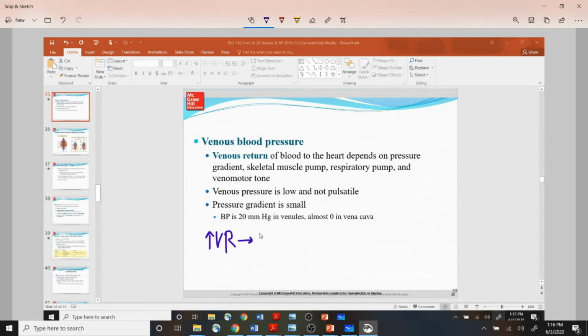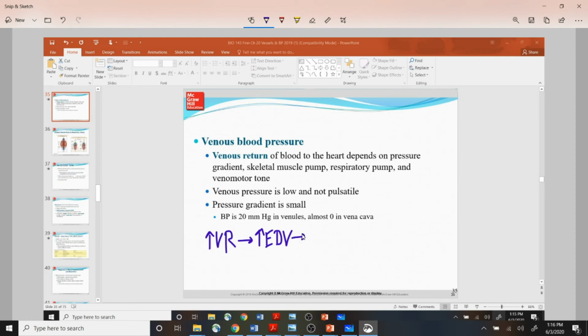That's going to fill the ventricles with more blood. Remember, that's called end-diastolic volume. More venous return, more blood filling the ventricles during diastole before we eject.